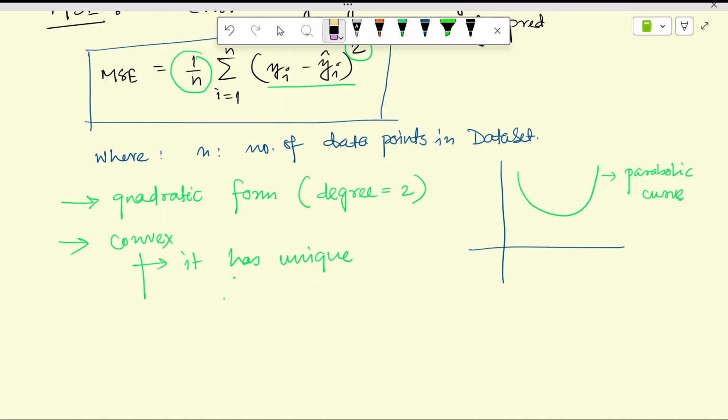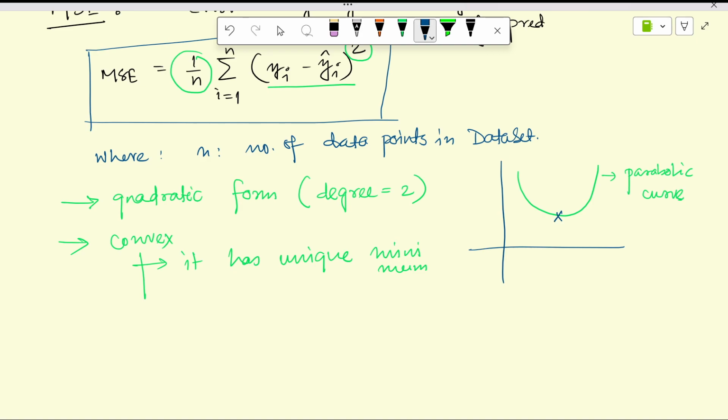We just focus on the minimum part: a unique minimum point. As you see here, there is no other minimum point.